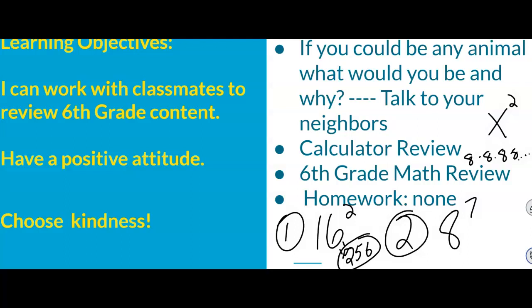Then there should be this button that looks like an arrow pointing up. It is the button above your x squared. It's called your caret button. It also means to the power of. And then we type in 7. 8 to the power of 7. And 8 to the power of 7 is 2,097,152.